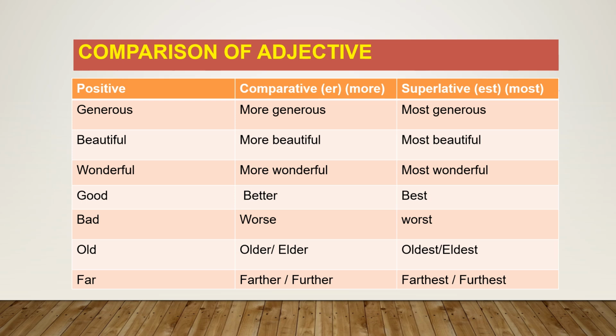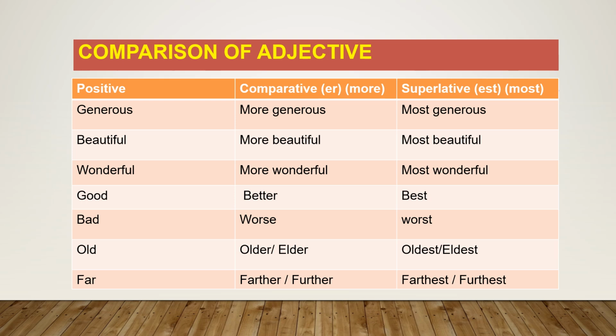Certain adjectives of quality do not follow this rule. For instance, good has comparative better and superlative best. Bad has comparative worse and superlative worst. We shall have sentences with this.